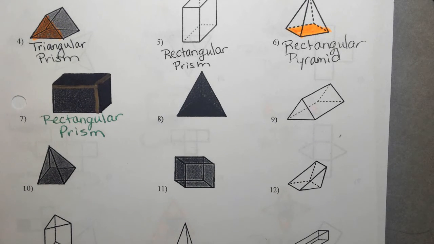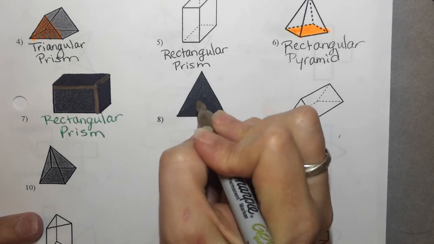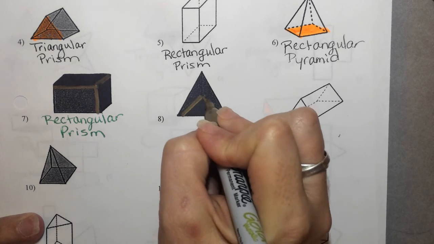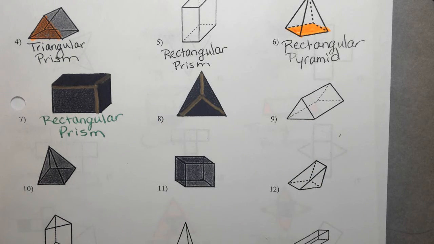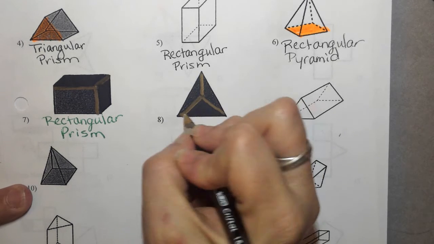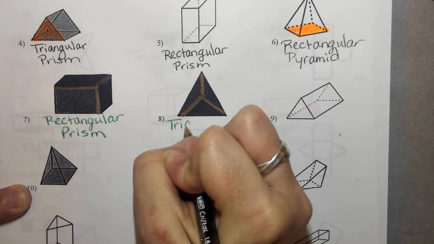Okay, this one's really weird. The point is right here in the middle. You can kind of see it. It's kind of hard. The bottom of it is going to be a triangle, so it's a triangular pyramid.